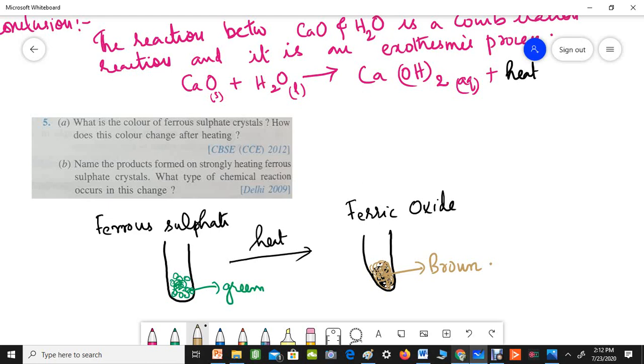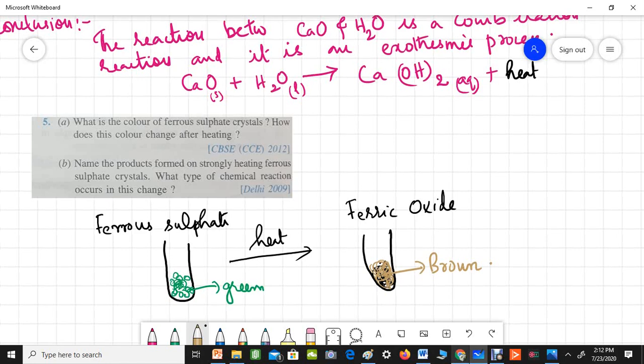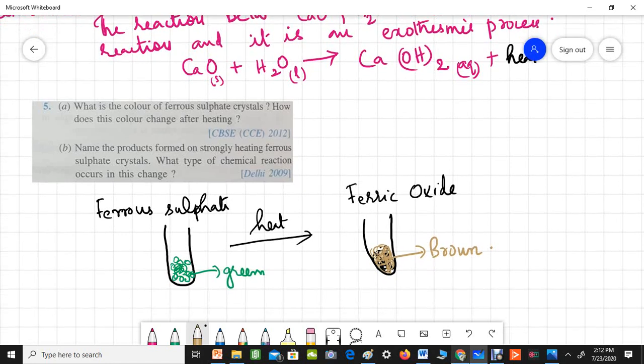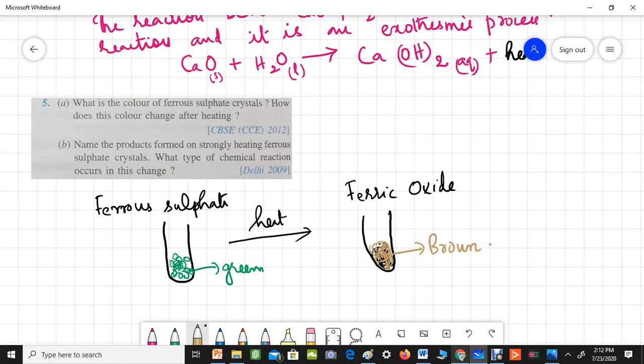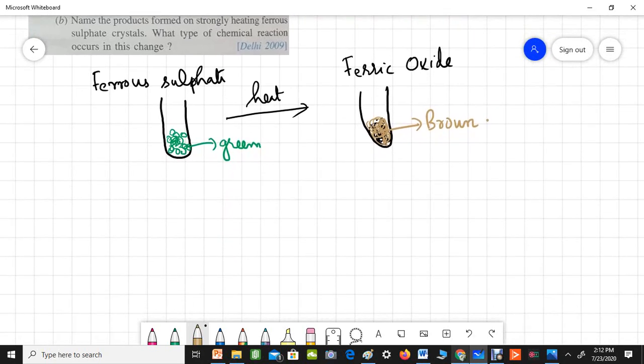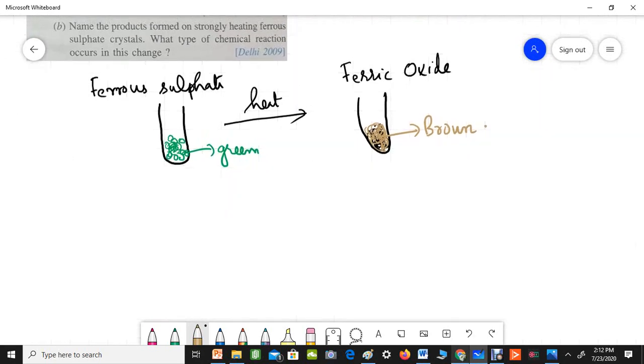Now, the second step of the question is, name the products formed on strongly heated ferrous sulfate crystals. What type of chemical reaction occurs in this change? We need to write the products formed when strongly heating ferrous sulfate crystals.